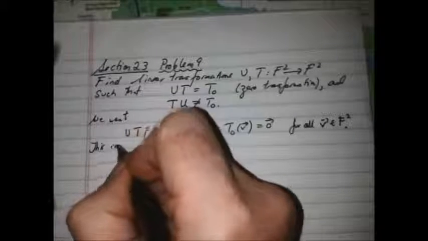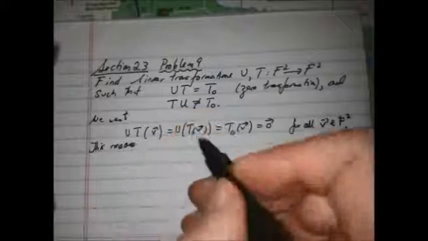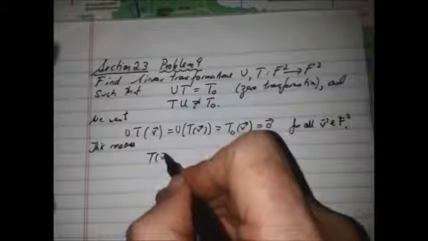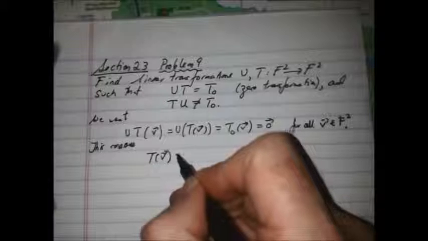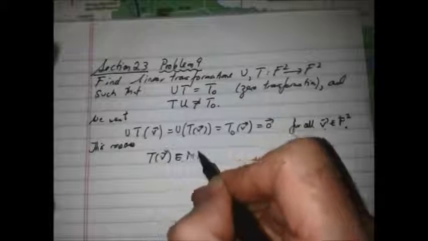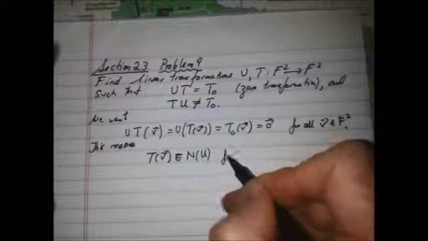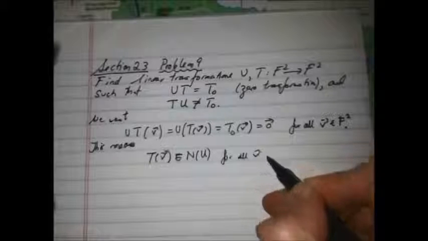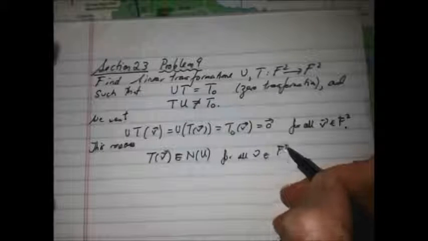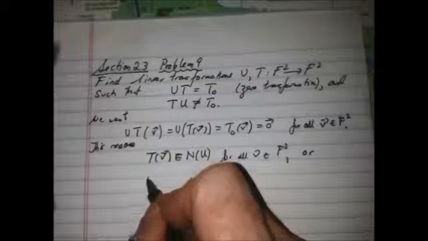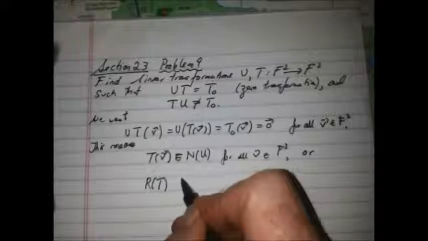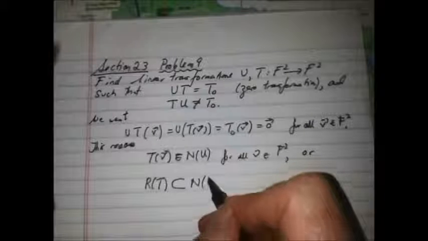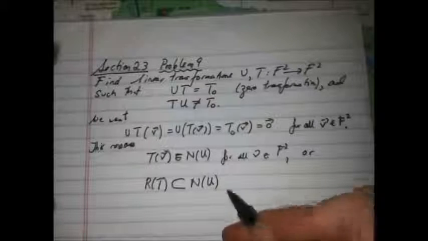So this means T of v is in the null space of U for all v in F2. Or another way to say this is that the range of T is a subset of the null space of U.